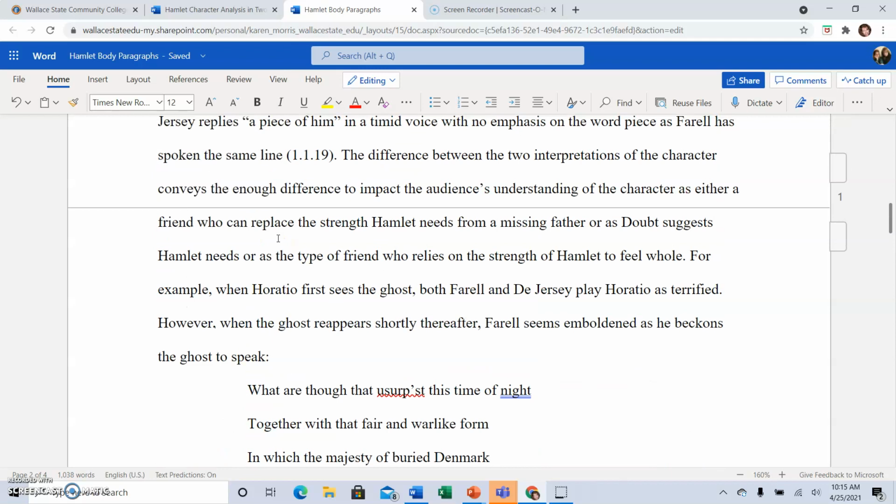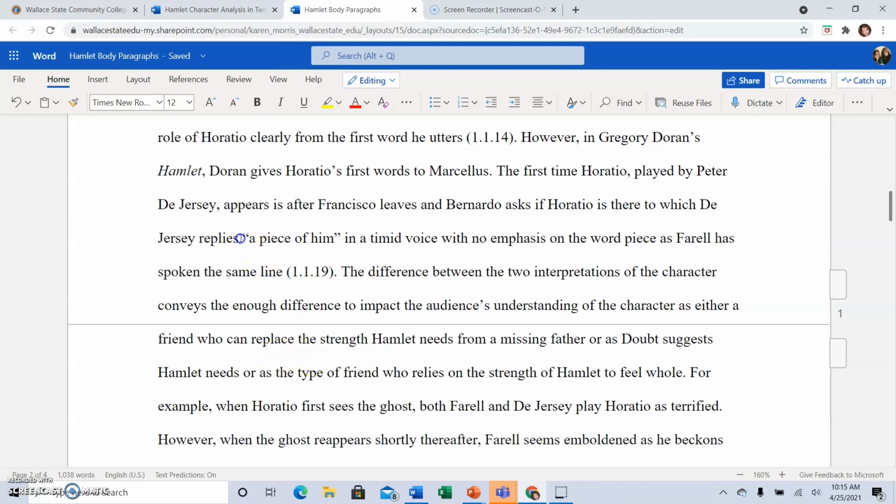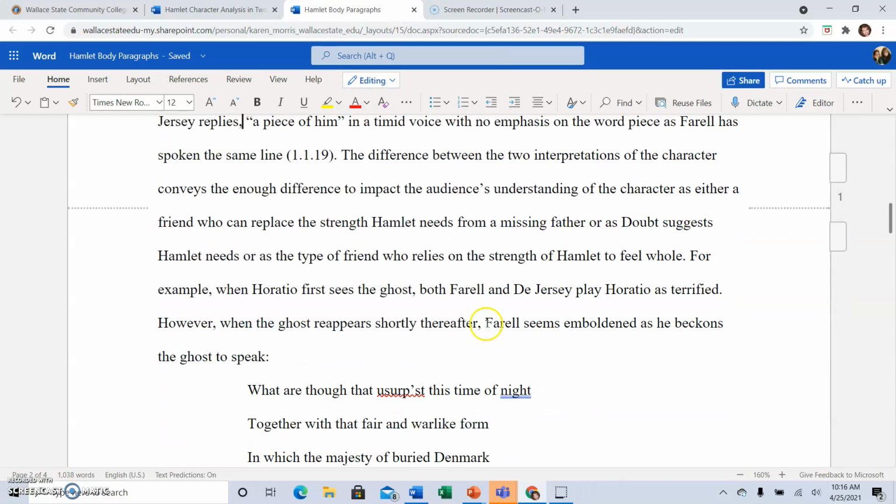And anytime that you're going to quote, even not a blocked quotation, if you use a full sentence to introduce even a short quotation, using a full sentence requires you to put a colon there. But for example, when I say "Jersey replies," which needs a comma there again, then I don't need a colon, I need a comma there because what I have before this quotation is not a complete sentence.